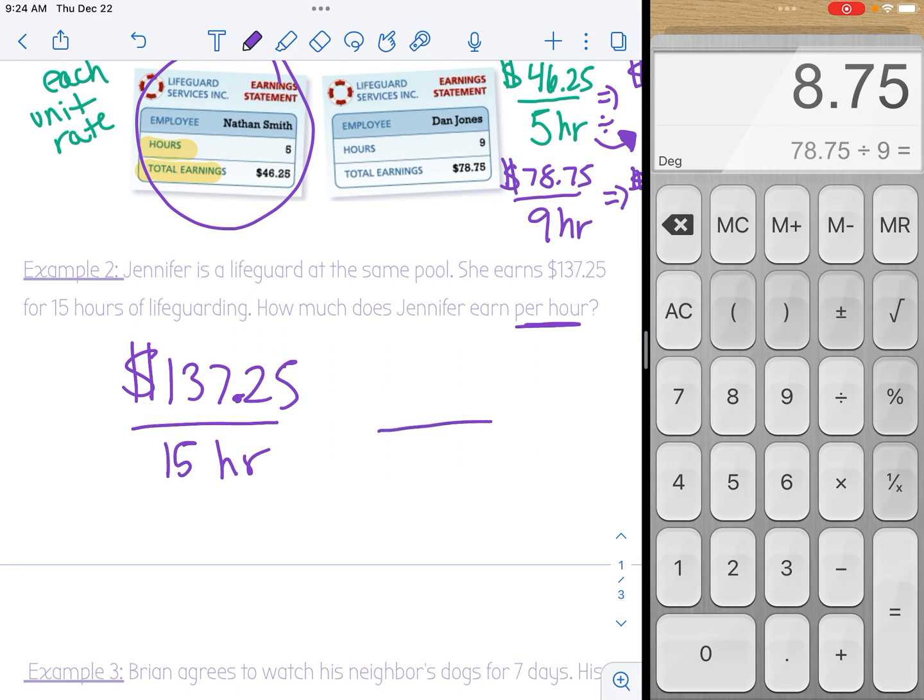And we want to figure out how much she's making in 1 hour. So I'm going to go ahead and divide 137.25 divided by 15. That means that she is making $9.15 for every hour that she works.